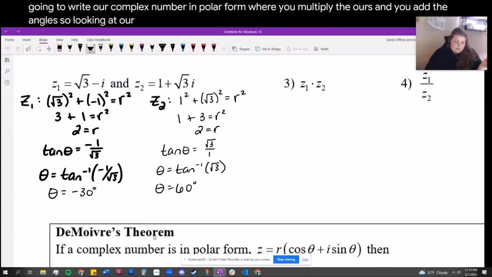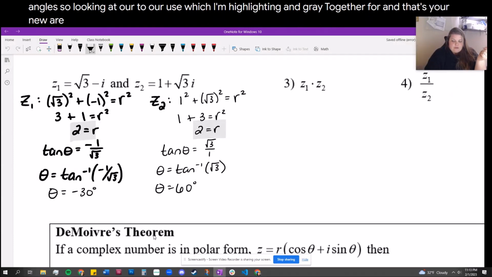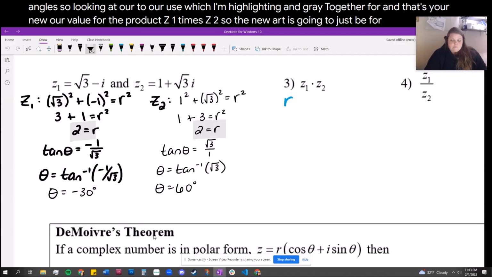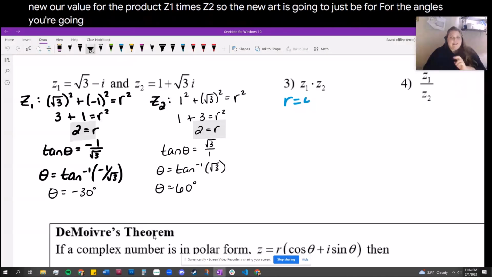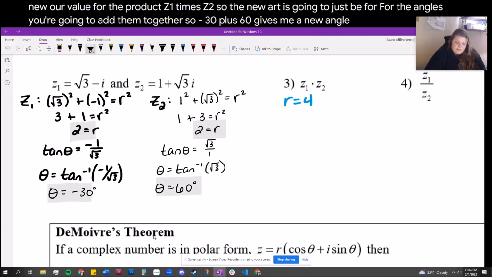So looking at our two r values, which I'm highlighting in gray, multiply them together, 4, and that's your new r value for the product Z1 times Z2. So the new r is going to just be 4. For the angles, you're going to add them together. So negative 30 plus 60 gives me a new angle of 30 degrees.